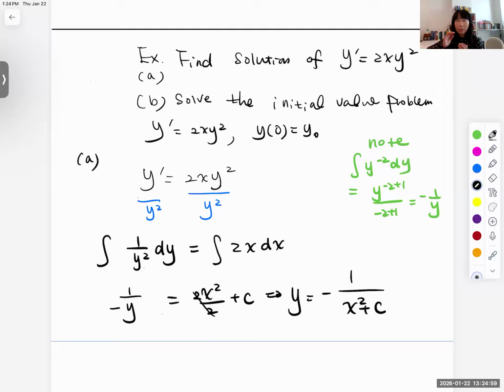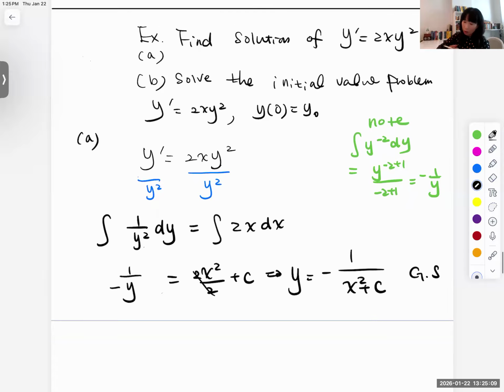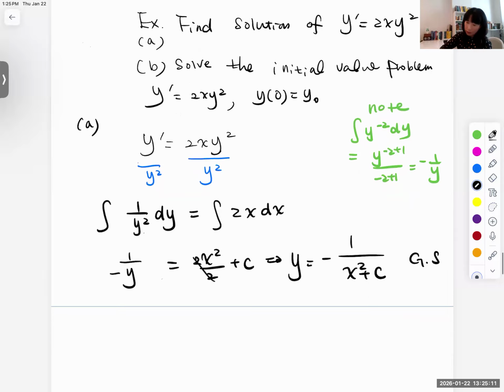All right. Now, that is the general solution. By using the initial value, let us do this. So we have y of 0 equal to y naught. I kept writing this is x, this is y.